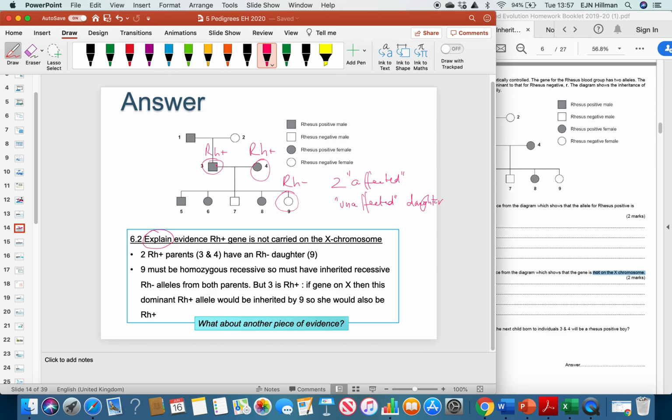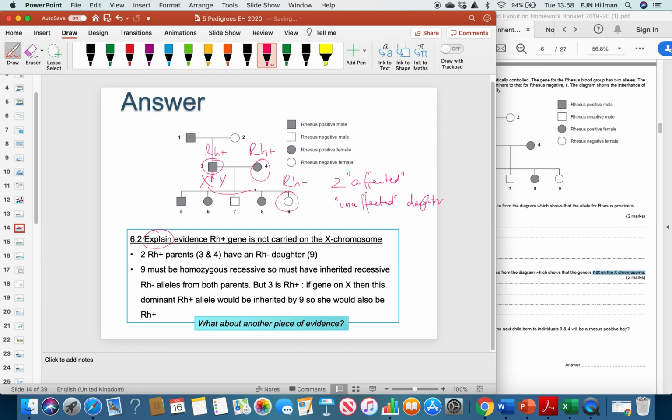But 3, we know the male, I think I showed it on the wrong one earlier on, didn't I? 3, we know the male is rhesus positive. That means he must have that. If it were sex-linked, he would have to have that dominant allele on his X chromosome.